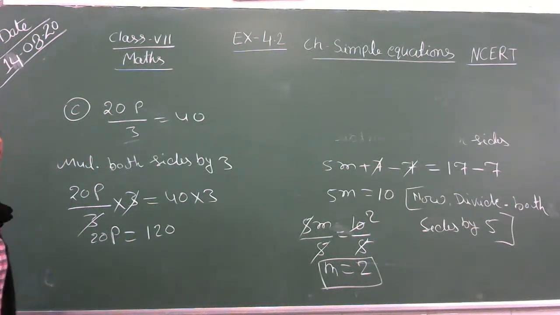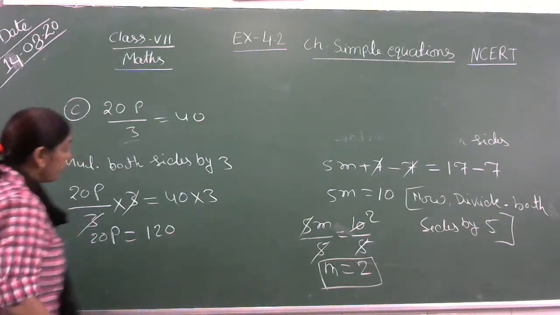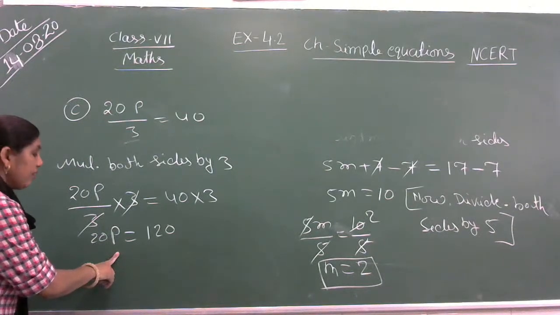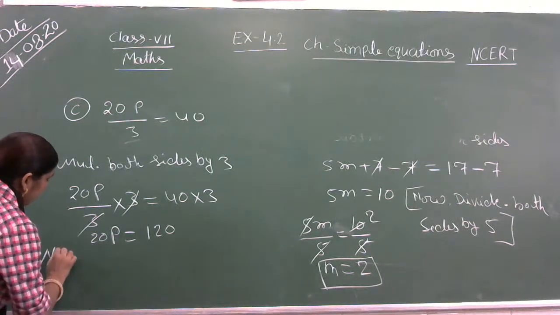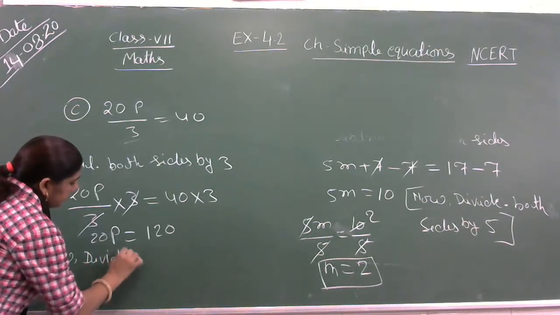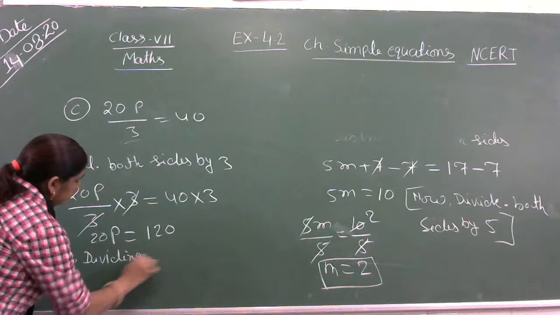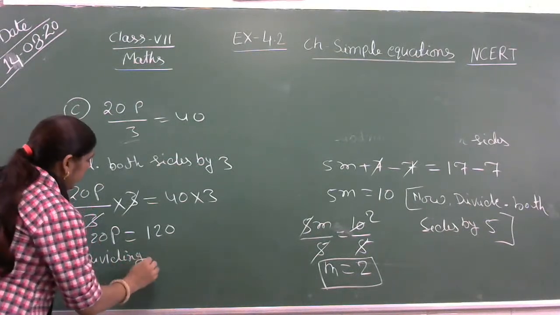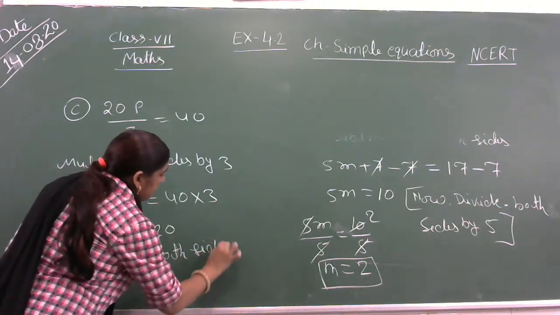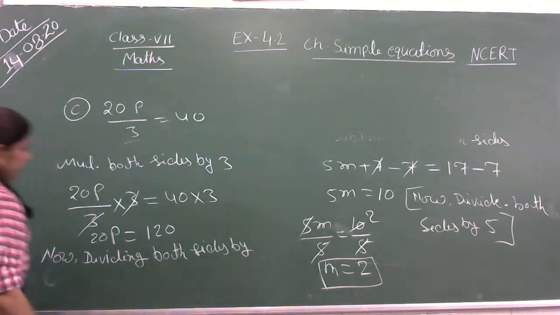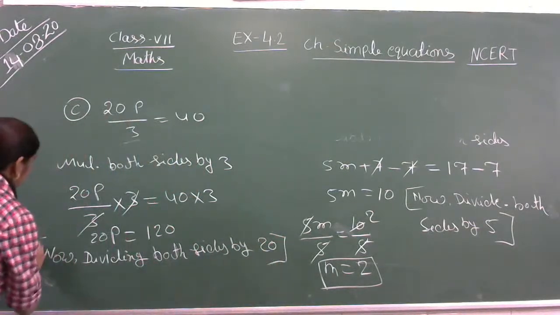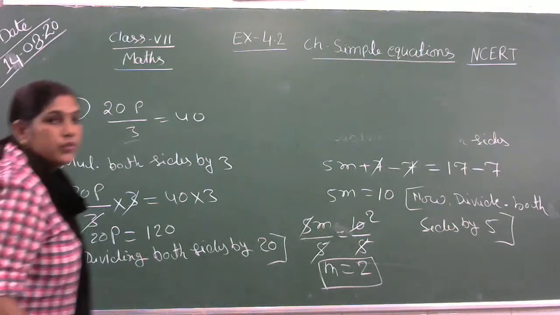Now one more equation. In this step, what will we do? Given multiplication, in this case you will divide. Now next, dividing both sides by 20, isn't it?